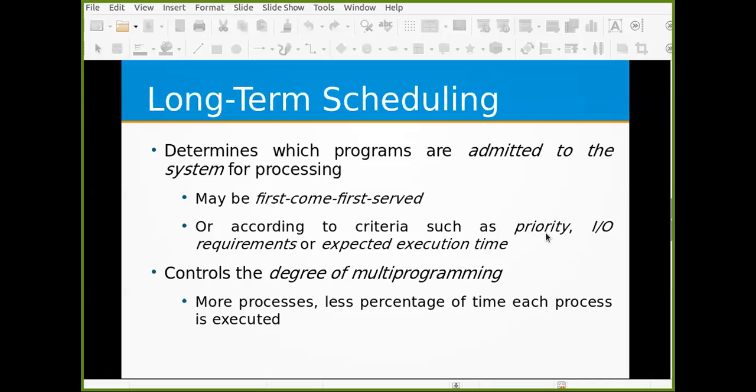But for a process that you are going to execute, whatever program or application that you are going to execute as a user, can you predict how much IO will be required by that process, or what would be the expected execution time of that process? Is it possible to predict these quantities? What do you say?